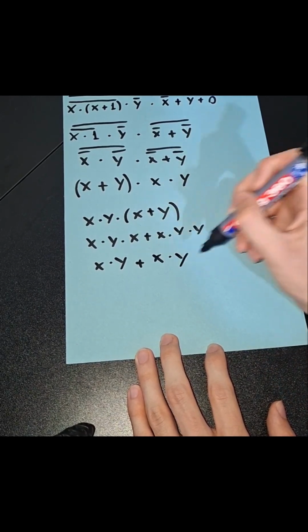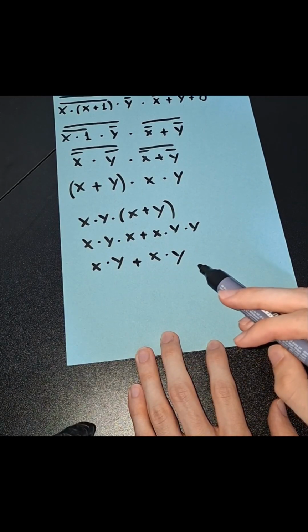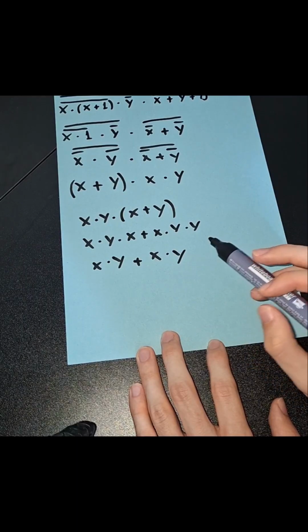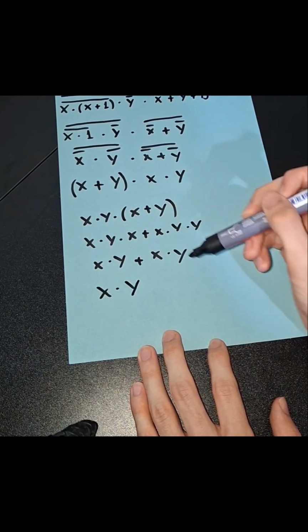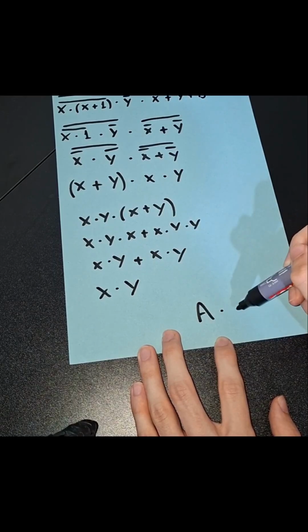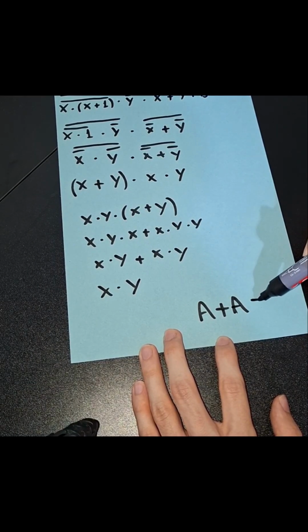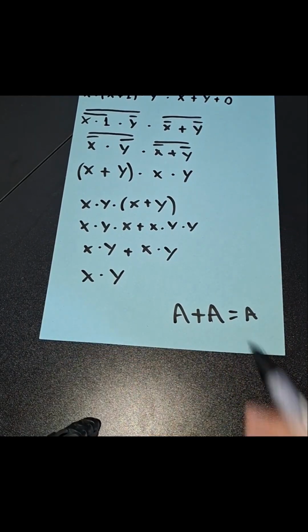So we've got this right here. So these two terms are obviously the same. So one term or another term, as we know, will just simplify to this. That's basically like A dot A or A equals A. That's the proof there for that. So that will be our answer right here.